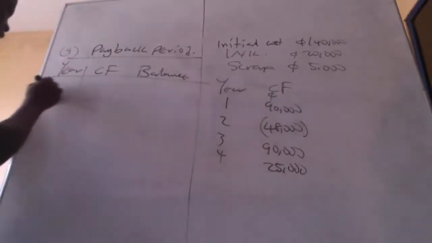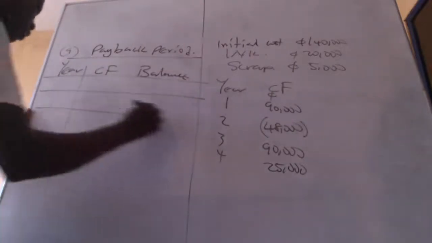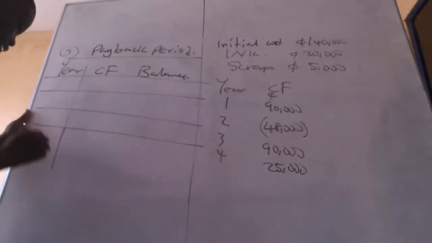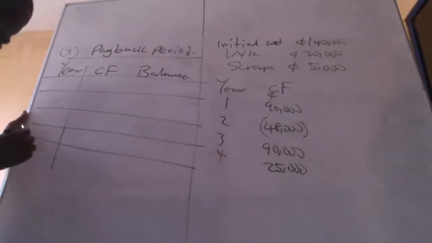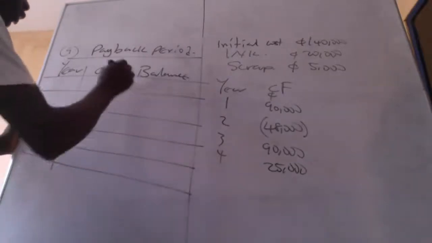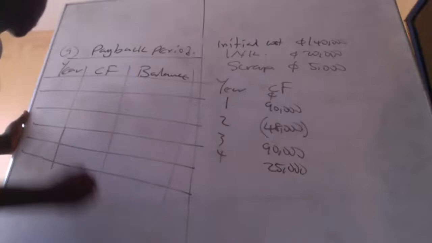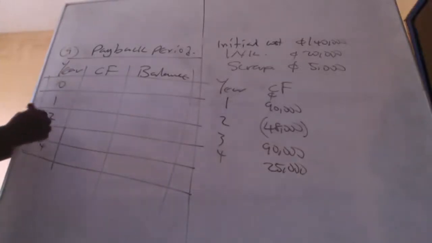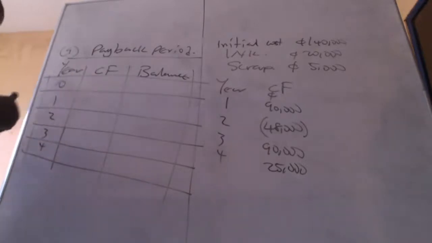So year 0, year 1, year 2, then year 3, finally year 4. Cash flow, that's the capital cost of the investment.